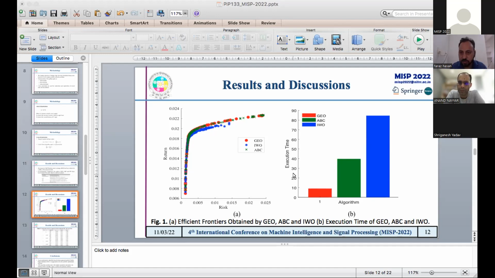By applying the same configuration as they applied, we configured these algorithms and found the results on the efficient frontier, and we are very close to the efficient frontier. However, we have multiple measures to find how close we are, because in this particular problem we didn't have a single way to measure that we have the optimal result.